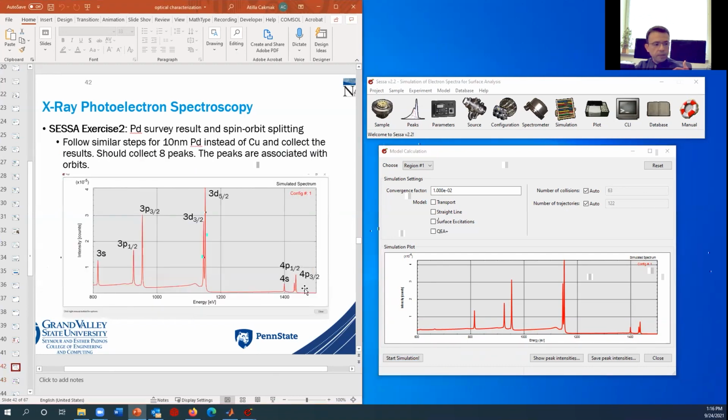So we will be able to see the peak separations, thanks to the spin coupling and the angular momentum coupling. Again, going back to a little bit more advanced quantum mechanics, but of these two peaks more evidently than copper.